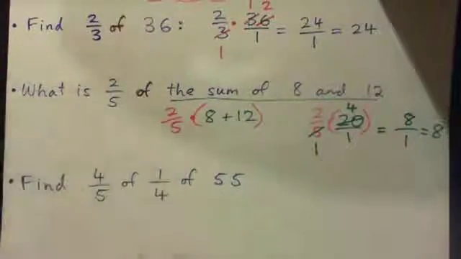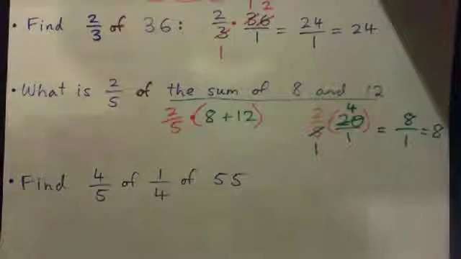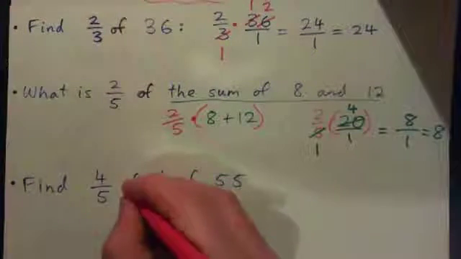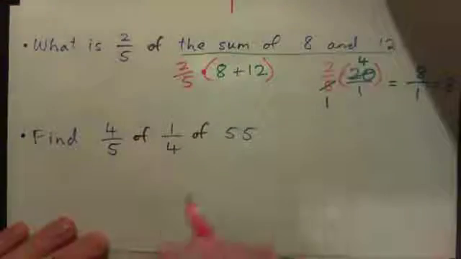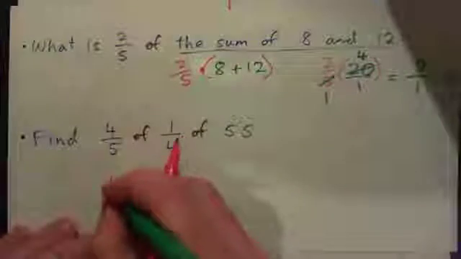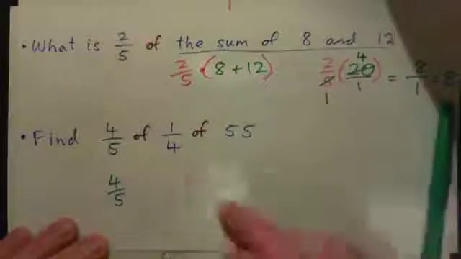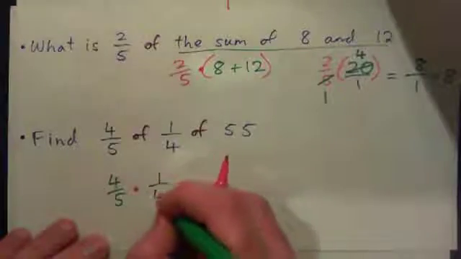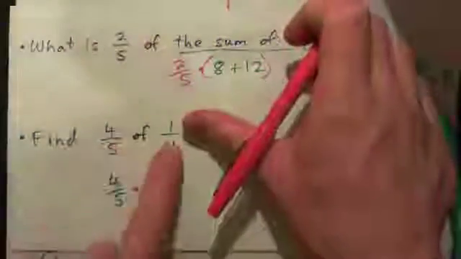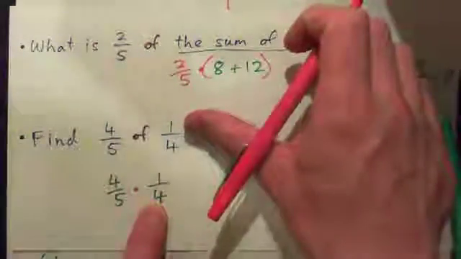How about this guy? 4/5 of 1/4 of 55. There's 2 "of"s in there. And to turn that directly into math, here's what you do. You'll probably guess it. 4/5 times 1/4. Because 4/5 of a quarter is 4/5 times a quarter.